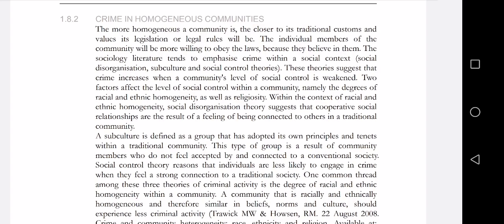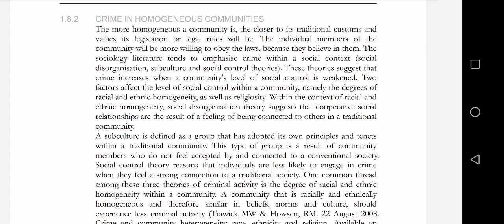The sociology literature tends to emphasize crime within a social context: social disorganization, subculture, and social control theories. These theories suggest that crime increases when a community's level of social control is weakened.